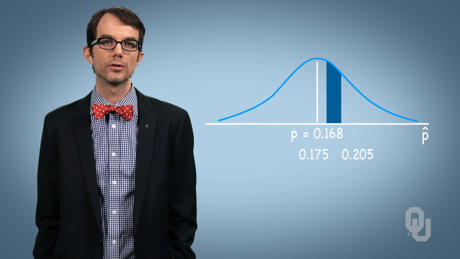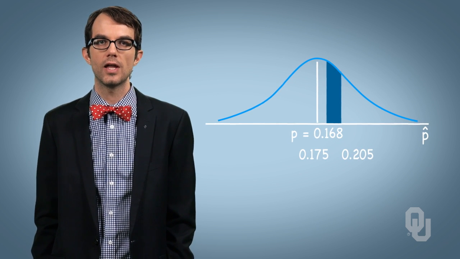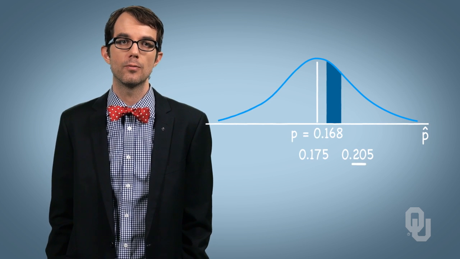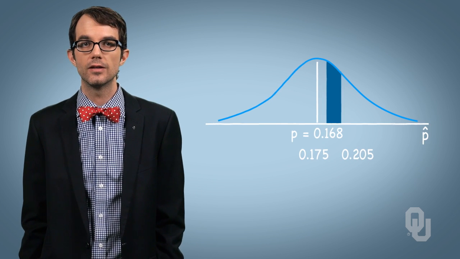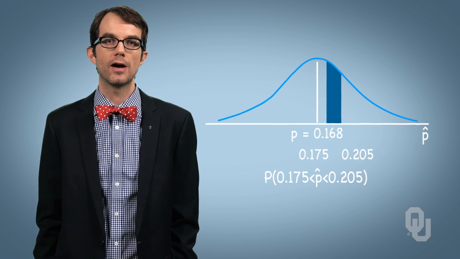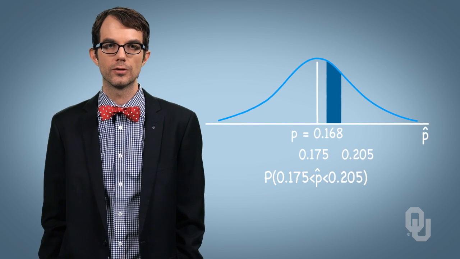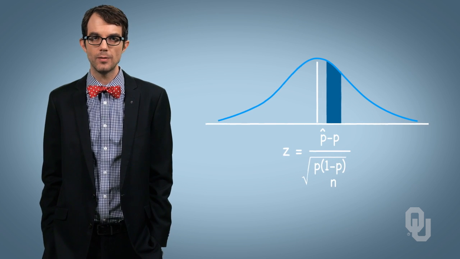Let's say we'd like to characterize the probability that a sample proportion chosen from a sample of 350 bridges from the population will lie between 0.175 and 0.205. That is, what's the probability of the interval 0.175 to 0.205 on the P hat axis, the axis of the sampling distribution for the proportion? The z-score has the same setup.